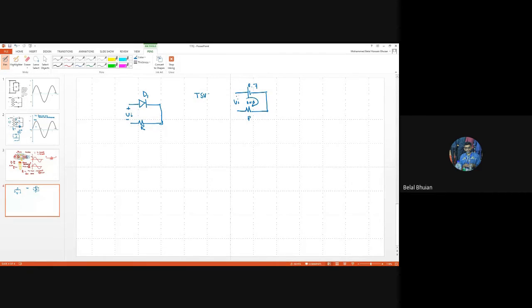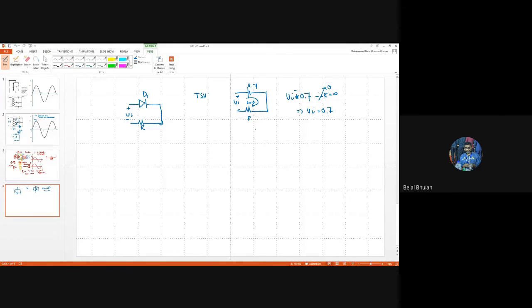So if I apply KVL, we get Vi plus 0.7, sorry, not plus, it's a minus IR, equal to 0. This I is equal to 0, so that gives us Vi is equal to 0.7. So I know the transition state voltage is 0.7.